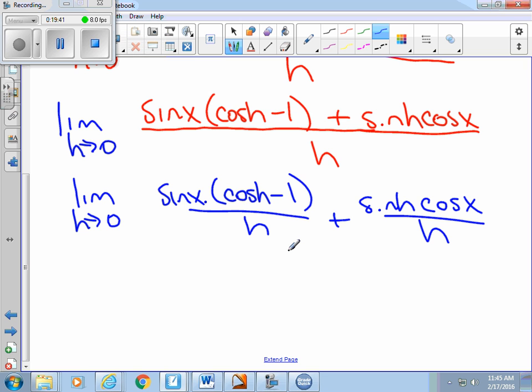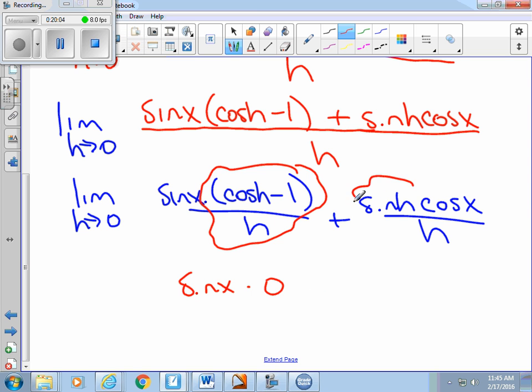Okay, for some crazy reason, I want to split those up. As h approaches 0, does this limit look familiar to you? Yes. What is that limit that you have memorized? 0. What's 0 times anything? 0.